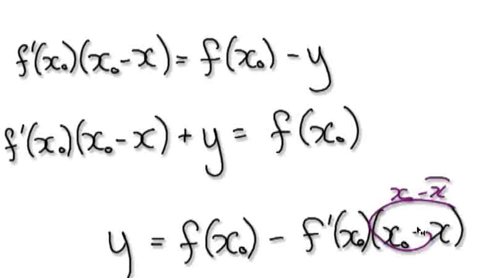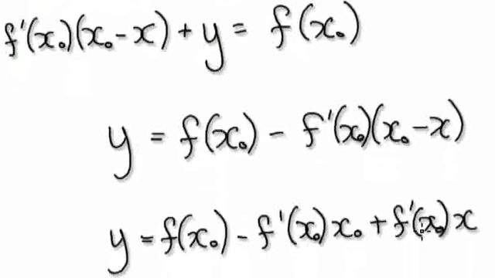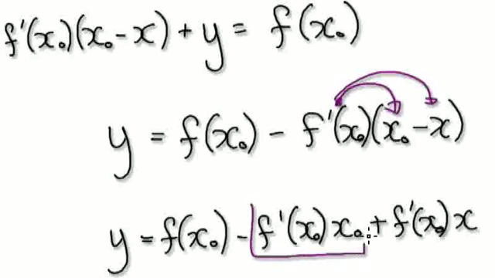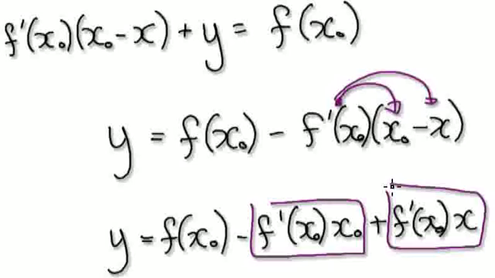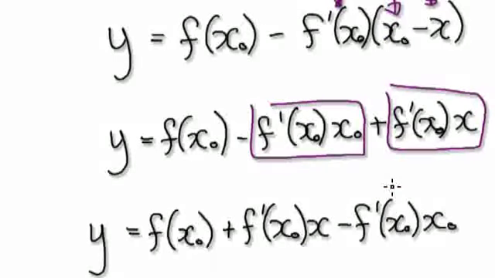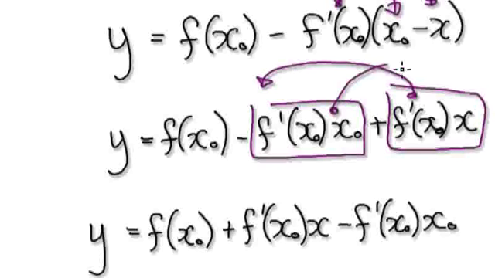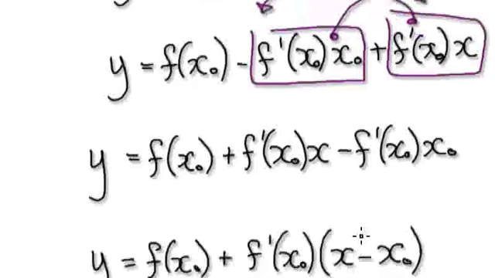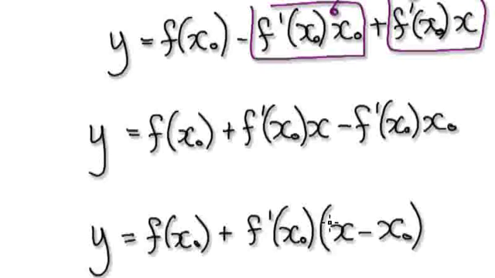If you're unfamiliar with it, multiply this out, so you get a minus block plus this thing here. Now switch these two around, so this one goes in front and this one goes behind. Now you can factorize, and you get into a form that you would recognize: x take away x0.